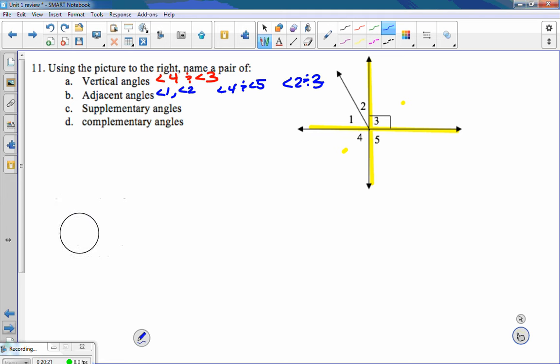All right, give me supplementary angles that form a straight line. Which ones would they be? There's 2 pairs of supplementary ones. 4 and 5 is 1. Angle 4 and angle 5 form a straight line. Does angle 1 and 3 form a straight line? It would if it had angle 2 in there. 3 and 5 form a straight line as well.